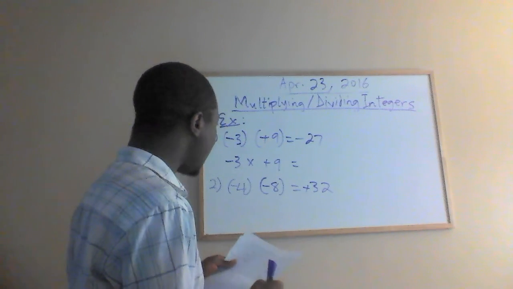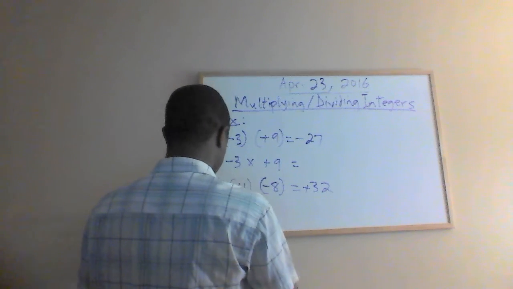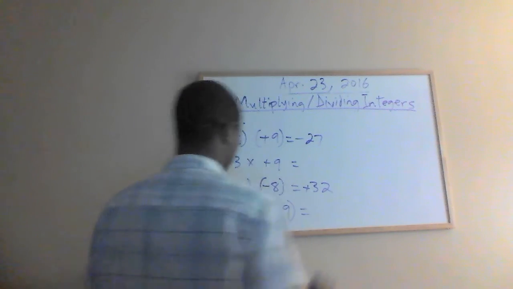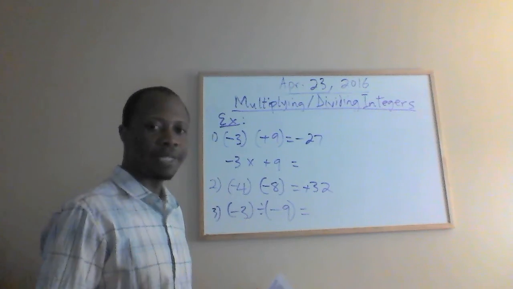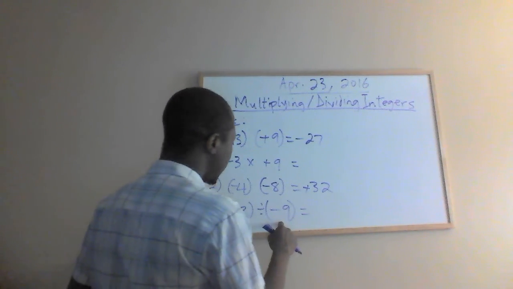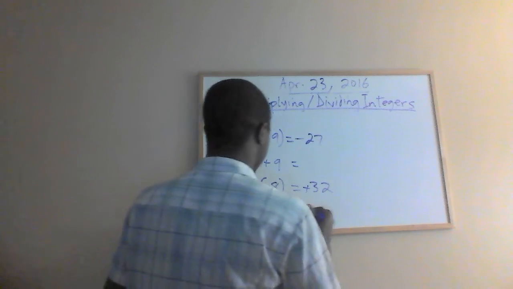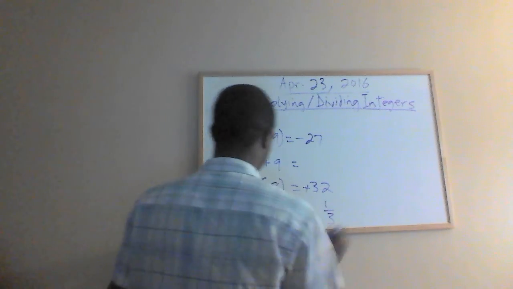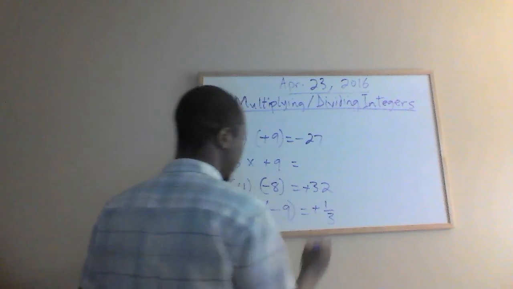If we have negative 3 divided by negative 9, it's just like the multiplying situation. We have 3 divided by 9, which gives us 1 over 3. Negative divided by negative is positive.